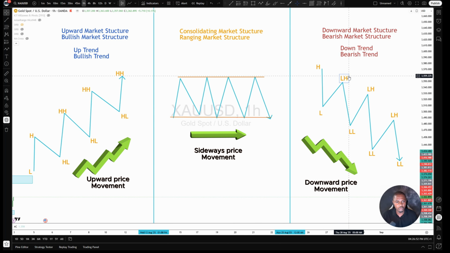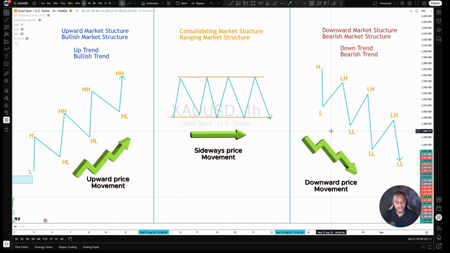So you have a high, low, lower high, lower low, lower high, lower low, lower high, lower low. The reason why we're calling this a lower high is because this high point up here is lower than this high up here. So this is a lower high. And the reason why we're calling this a lower low is because this point is a low, but it is lower than this other low point here. So this is a lower low.